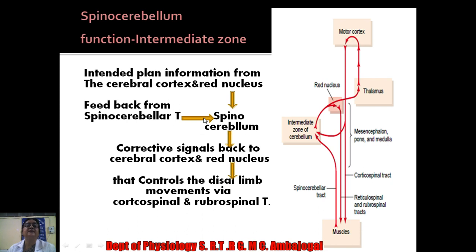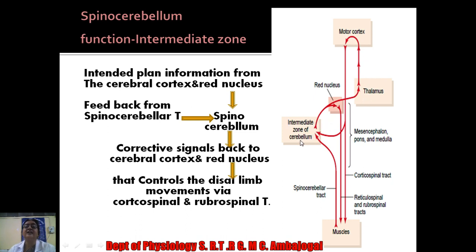Feedback signals also come from the spinocerebellar tracts, the dorsal spinocerebellar tract as well as the ventral spinocerebellar tract. In this figure, the intermediate zone of the cerebellum gets information from the spinal cord as well as from the motor cortex and the red nucleus.